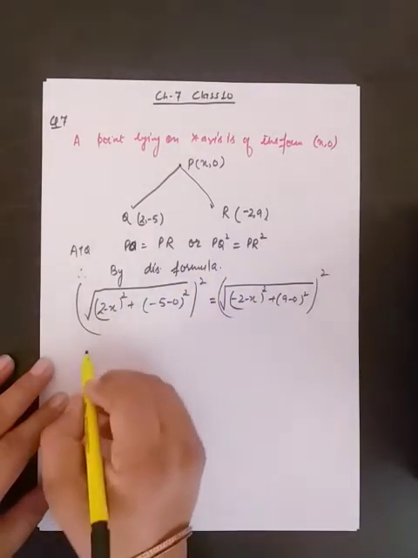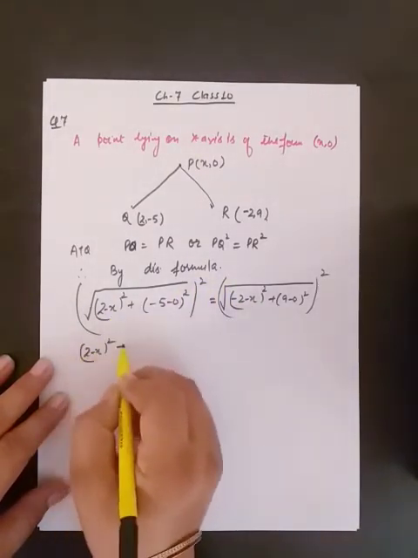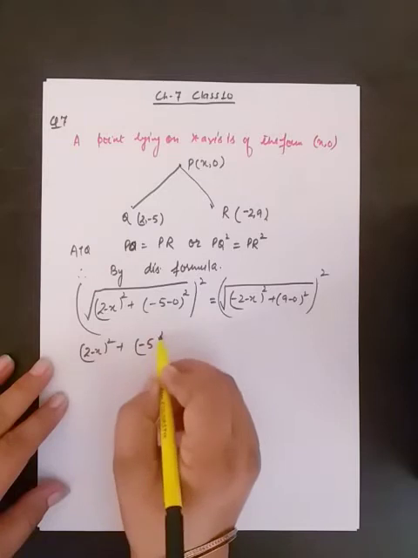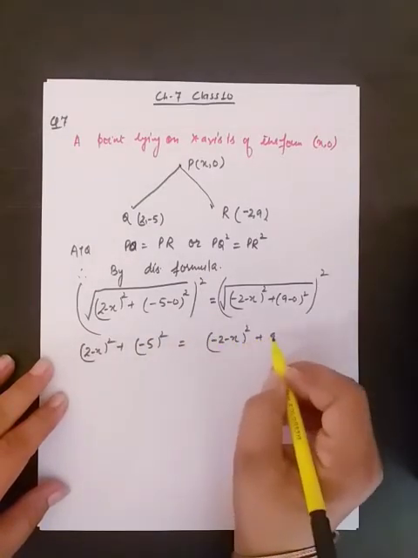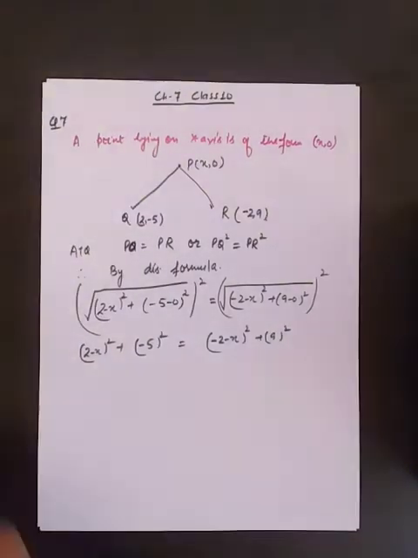So we get (2 minus x) square plus (-5) whole square equals (-2 minus x) whole square plus 9 square.